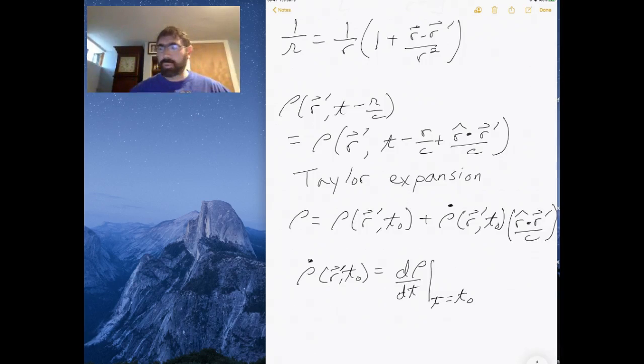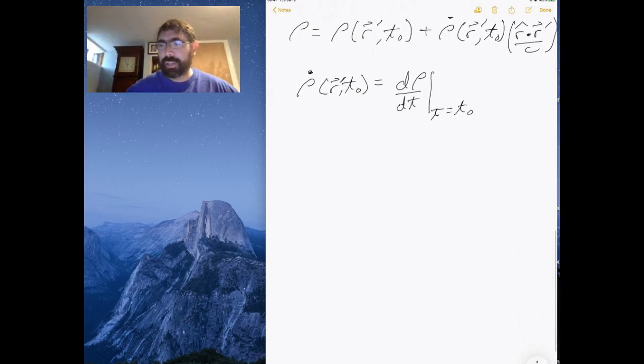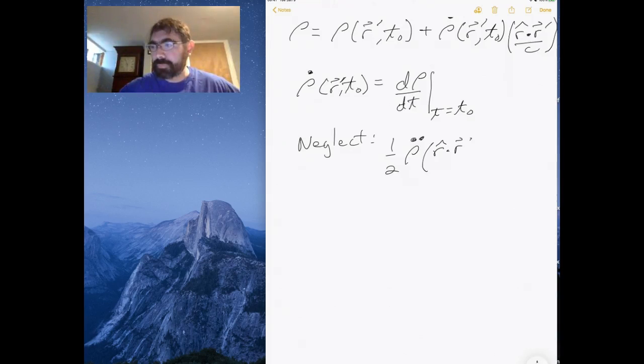So we're going to drop higher order terms. We're just going to keep the first order, and we're going to neglect terms like 1/2 times the second order derivative of the charge density and terms like 1/3 factorial times the triple derivative of the charge density.